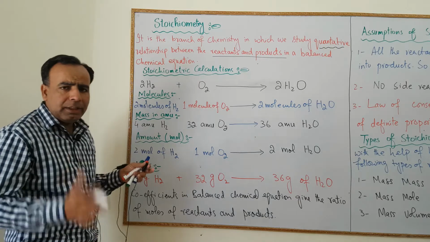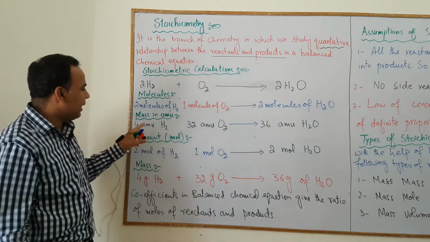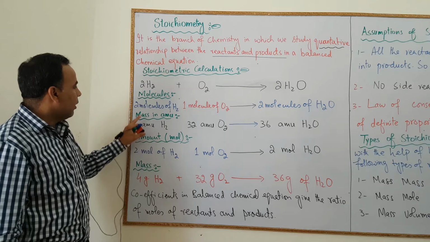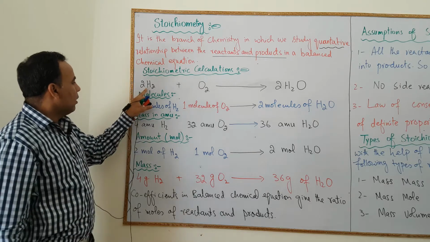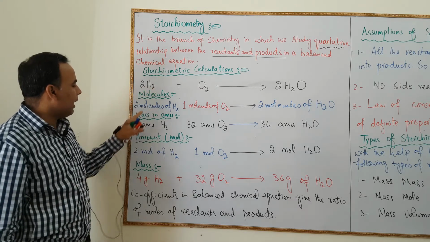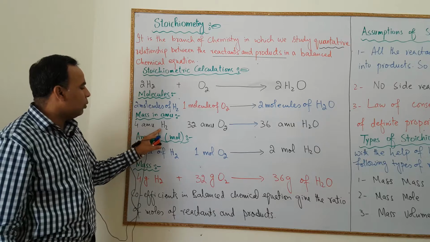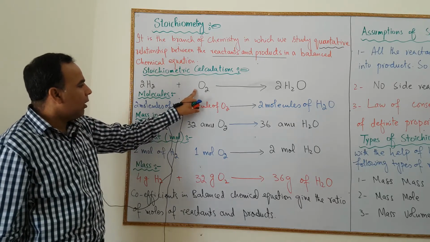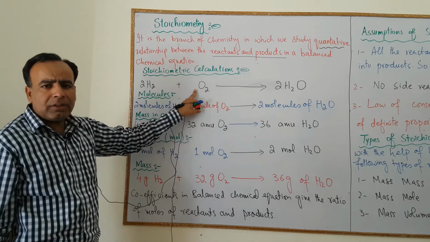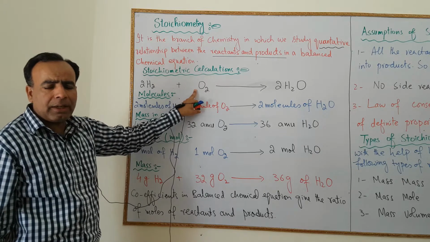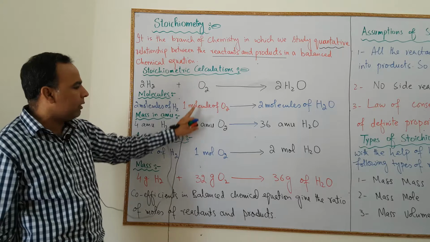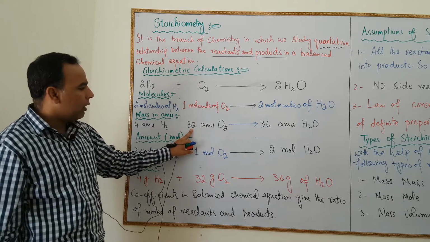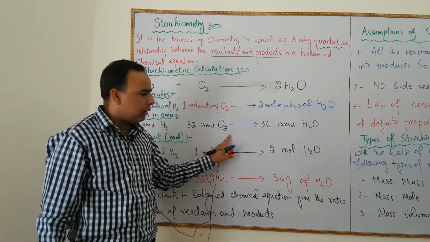Now if we see what happens in the case of mass, in this case multiply 2 by 2, 4 AMU of hydrogen will be produced. Similarly for oxygen, one oxygen atom has atomic mass 16, and 2 oxygen atoms will be 32 AMU of oxygen.